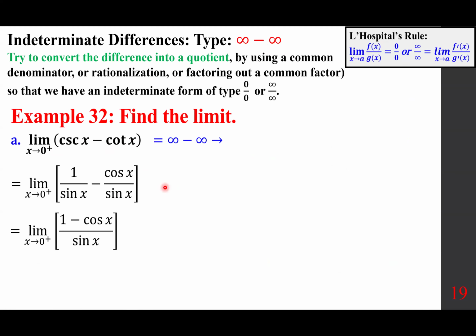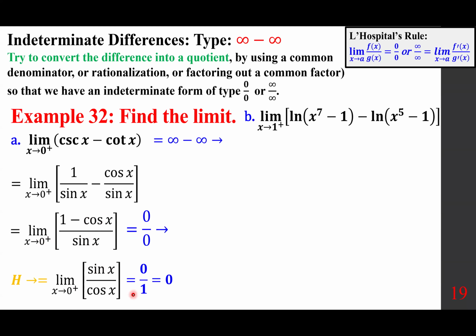Now, if I plug in 0, 1 minus cosine 0 over sine 0 is 0 over 0, and therefore I can use L'Hopital's rule. If I differentiate the top, minus cosine gives me positive sine, and sine gives me cosine. If I plug in, sine of 0 is 0, cosine of 0 is positive 1, and 0 over 1 is 0, and I'm done.